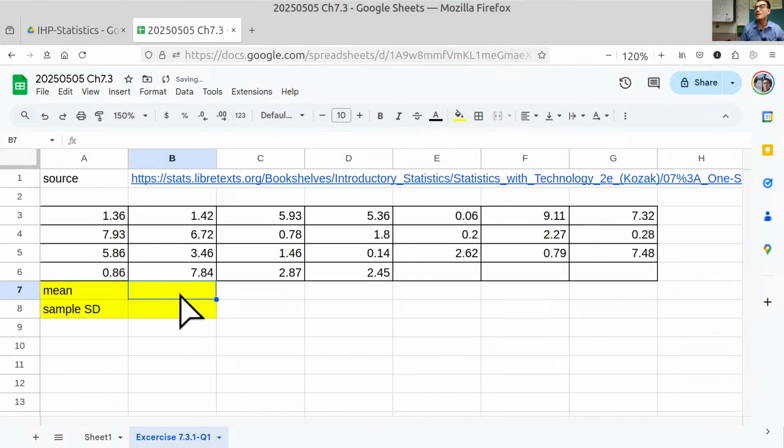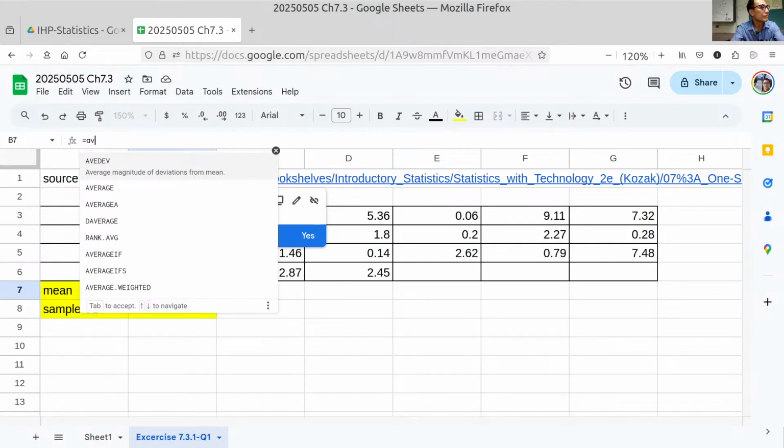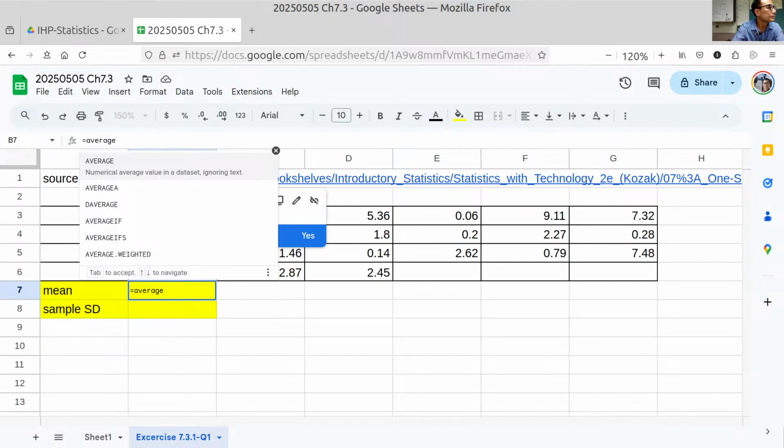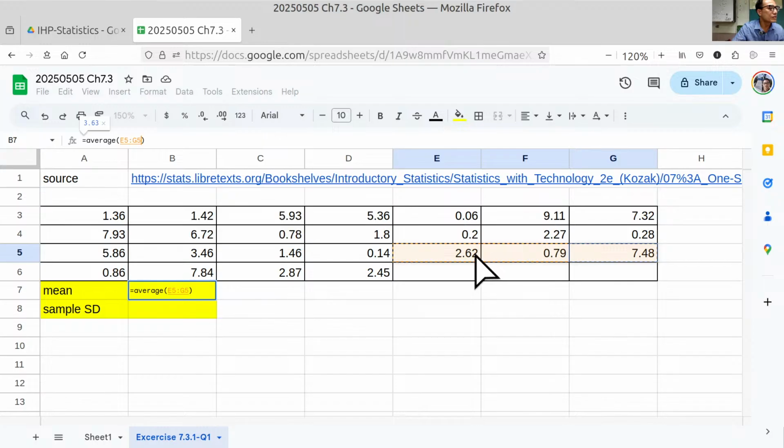Okay, how to calculate the mean? Click the cell and move to the function, equals AVERAGE, and select the range.